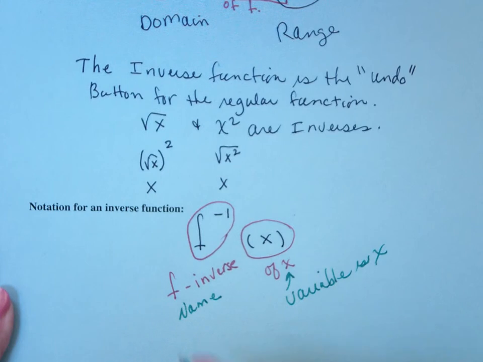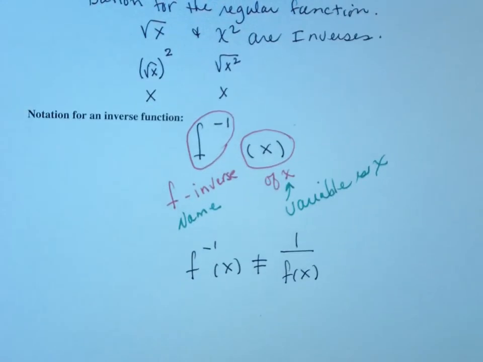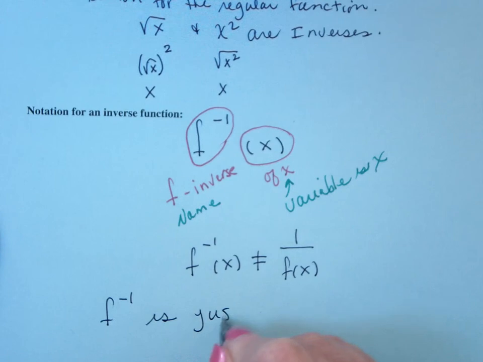Now, f to the minus 1 of x is not equal to 1 over f of x. They are not the same thing. F to the minus 1 is just notation.